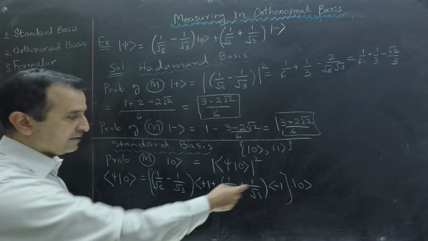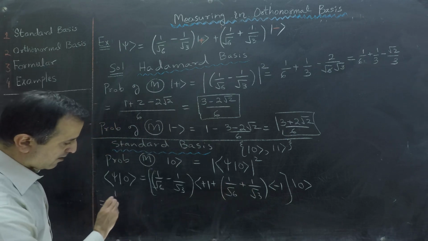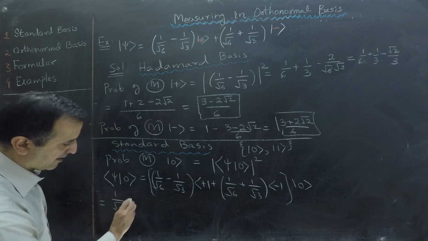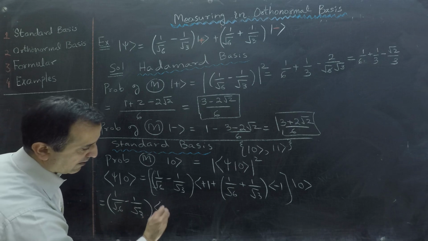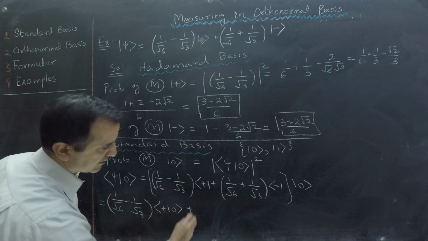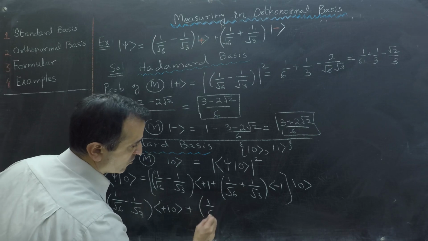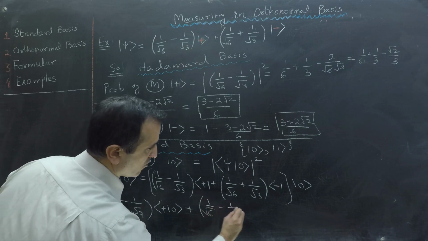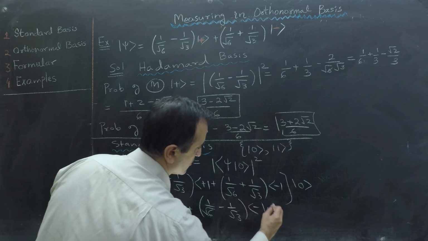And this simplifies to 1 over square root of 6 minus 1 over square root of 3 bra plus ket 0, plus 1 over square root of 6 plus 1 over square root of 3 bra minus ket 0.